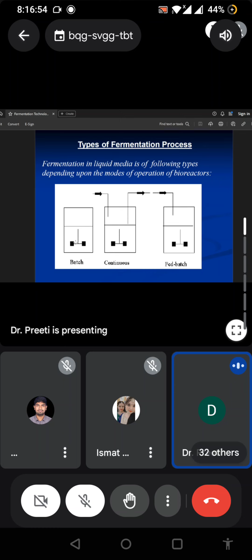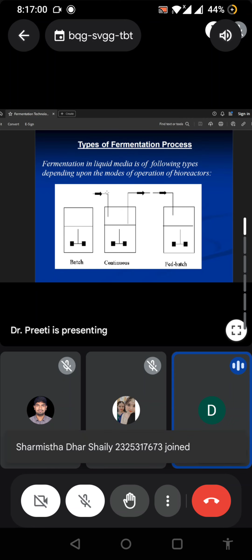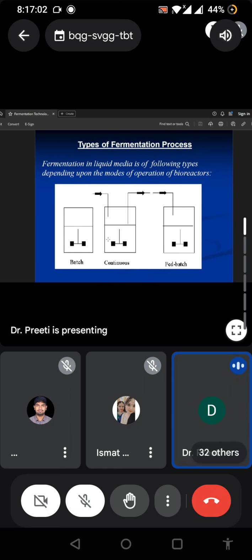So one batch will be finished. In continuous fermentation, we are adding some feed at regular intervals, and together with this we are withdrawing some product also at regular intervals. So this process will go on continuously.